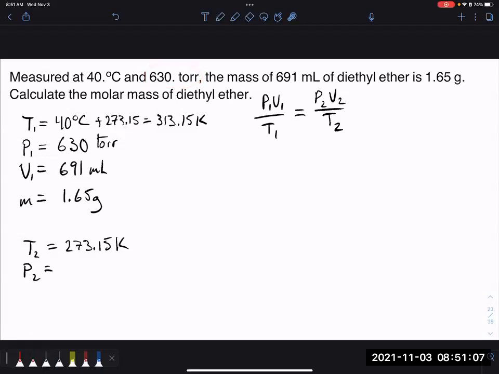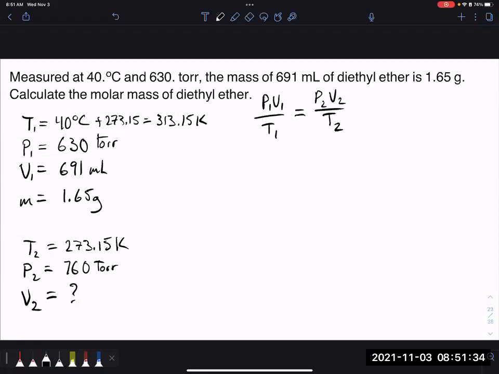One of the units that's helpful to memorize at the very least is that 760 torr is equal to 1 atmosphere. So instead of using atmospheres, we're going to change this to 760 torr. And then this final volume, this V2, is what we're going to be looking for.